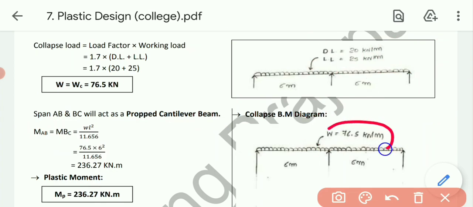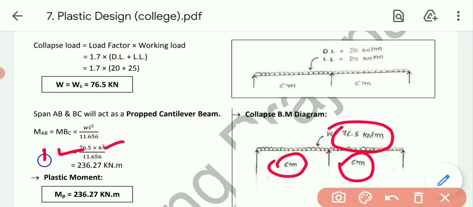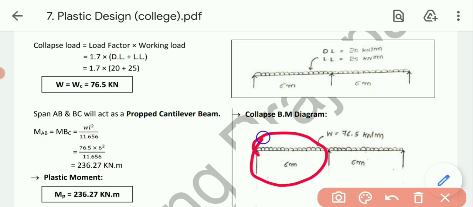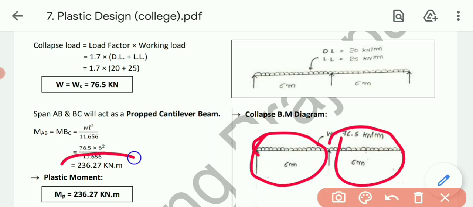Now W is 76.5 and L, for both spans, is 6 meter. So 76.5 times 6 square by 11.656 gives the moment 236.27 kilonewton meter. This moment is for both spans, AB as well as BC.